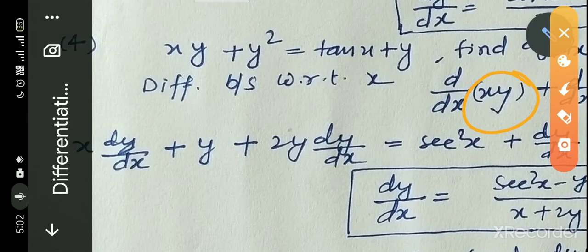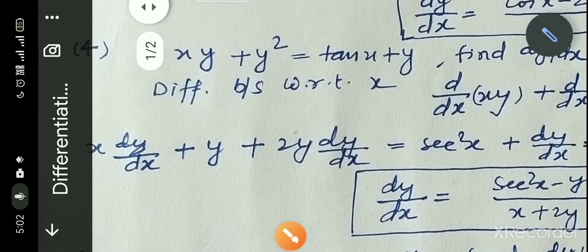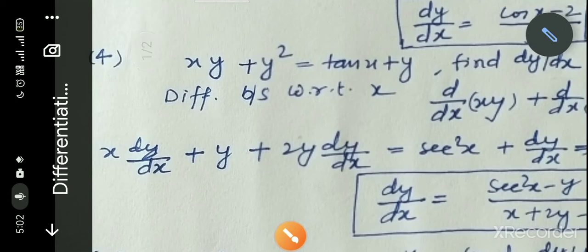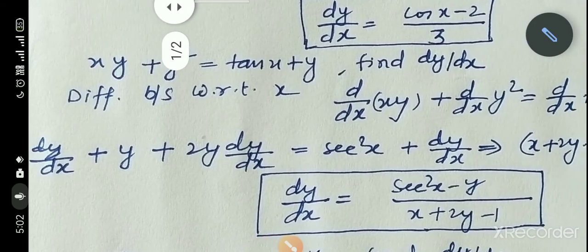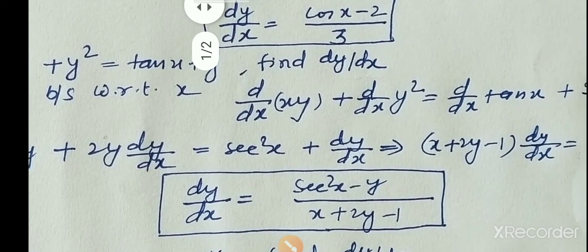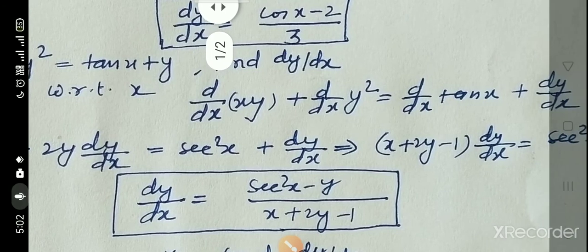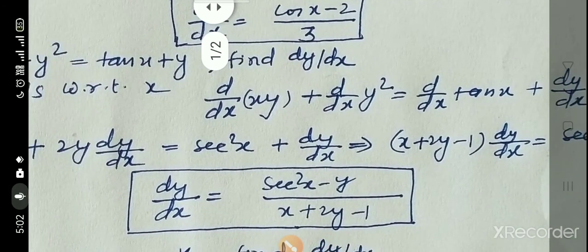So it would become x dy by dx plus y, plus 2y dy by dx, and the derivative of tan x will be sec square x, and further the derivative of y is dy by dx here.